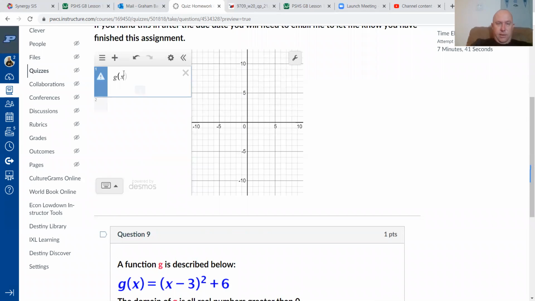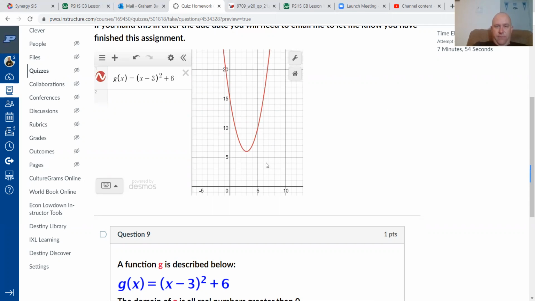So G of x equals, as we were doing our questions earlier for part B, if we don't see a picture for domain and range, we kind of want to just look at the picture. So if I can move my graph around, we can see this carries on up. So we're just interested in this lowest point, which you can actually just click on, and it will tell you the lowest value. Remember, with range, we're talking about the y value here, though.